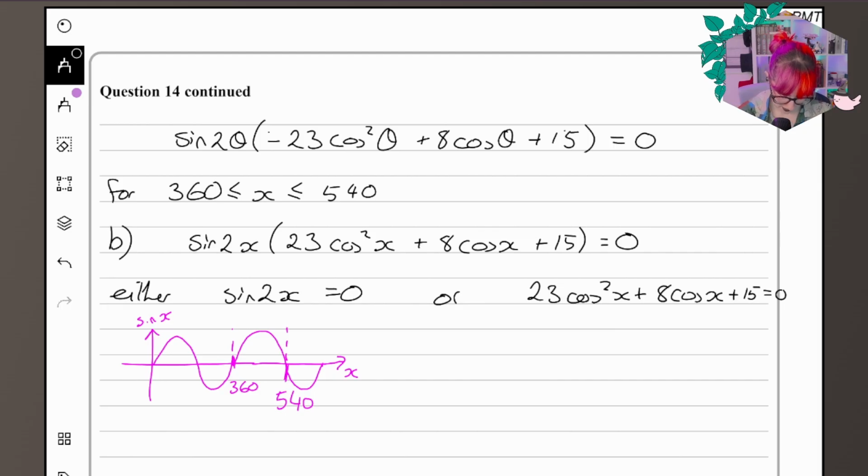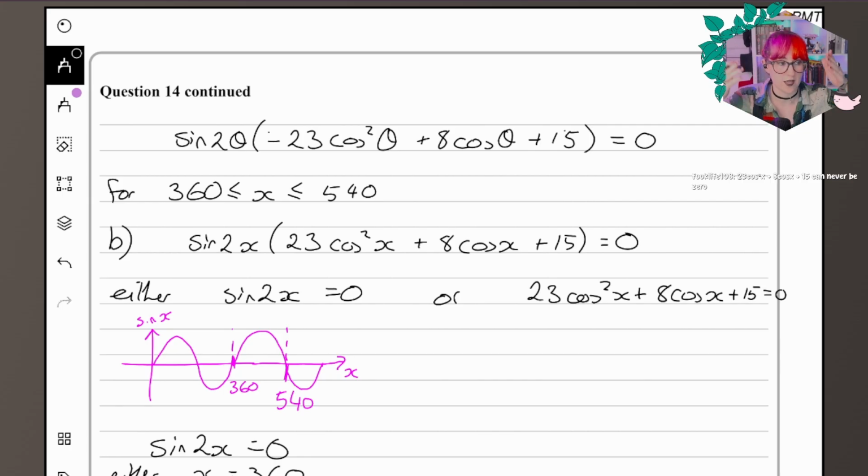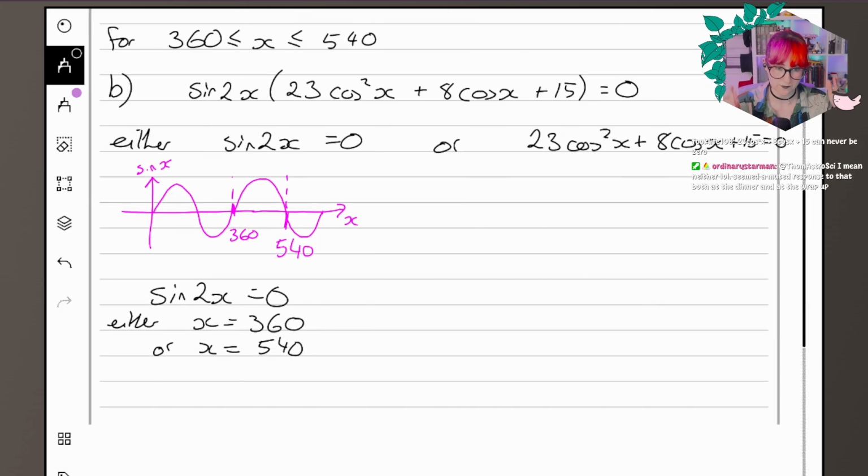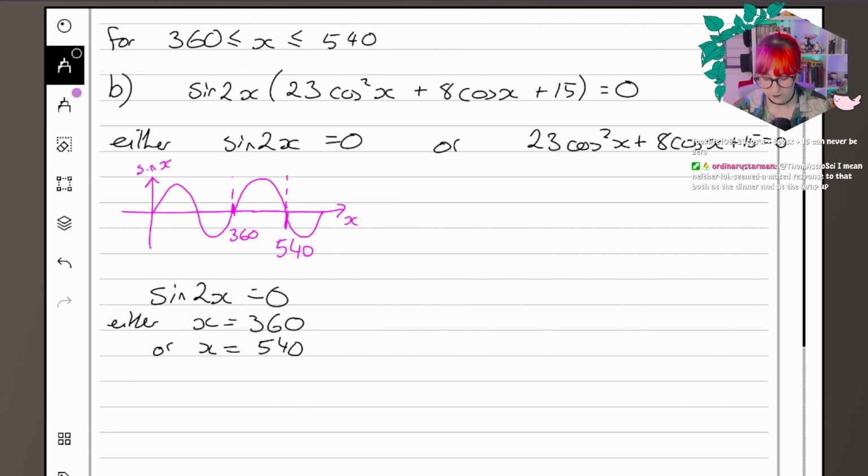So in the case that sine of 2x equals 0, either x equals 360 or x equals 540. So that gives us our very edge points. Or we have a quadratic equation.